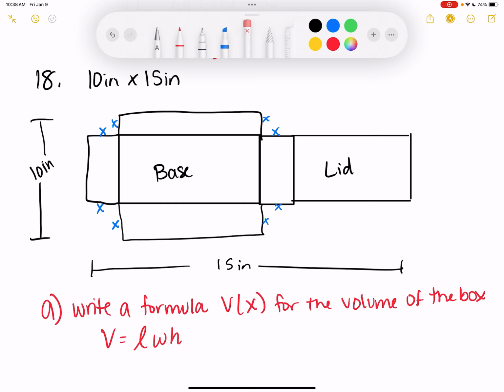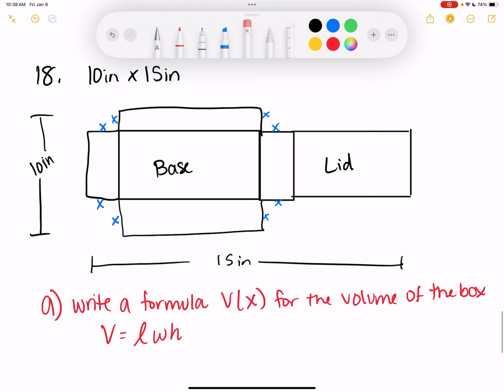Okay. So my height is going to obviously be the height of the box when it's folded. So it's going to be the X value here. I don't know why I wrote an L. H equals X. And then my length, actually this is length, sorry.